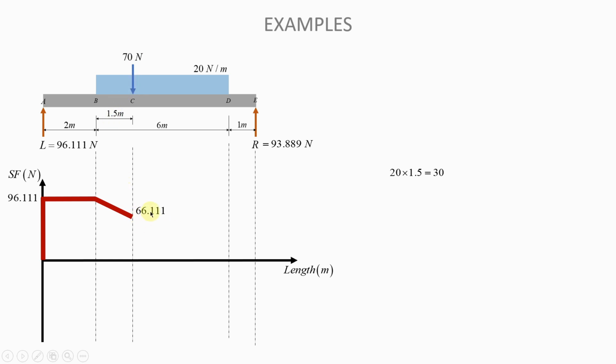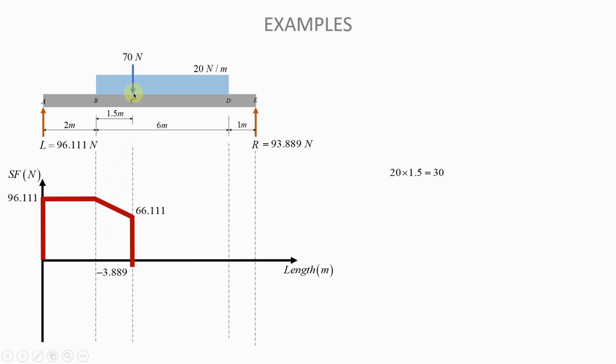So from 66.111, you need to go down by 70. 66.111 minus 70 will lead you to minus 3.889. This fall is because of that 70 newton force.